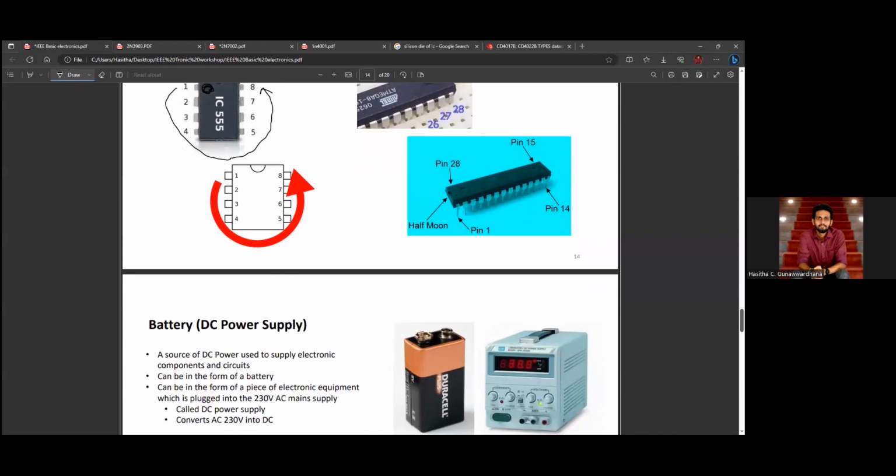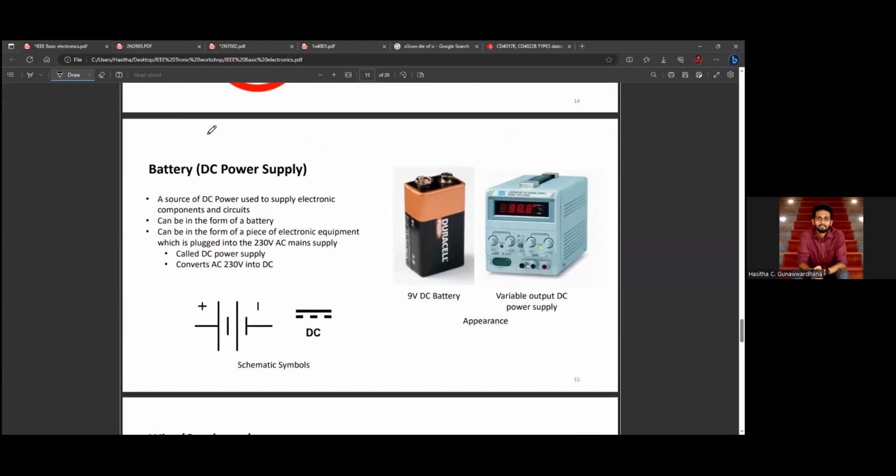Then battery and power supply. Since I think your competition is based on simulations, this won't be very useful.